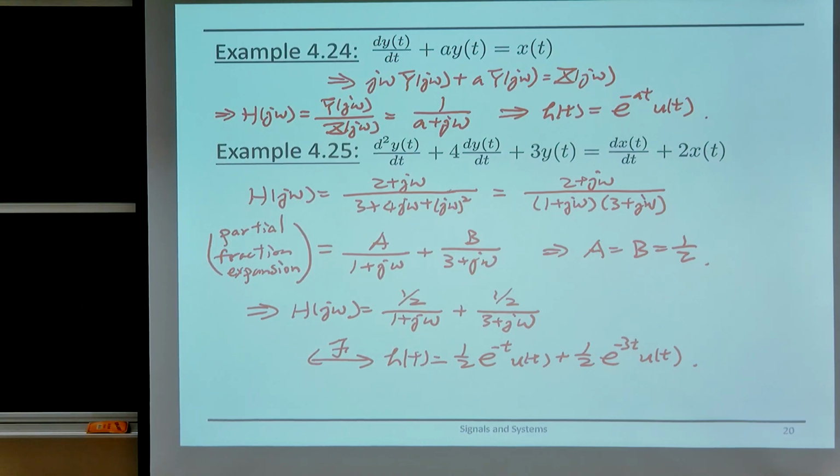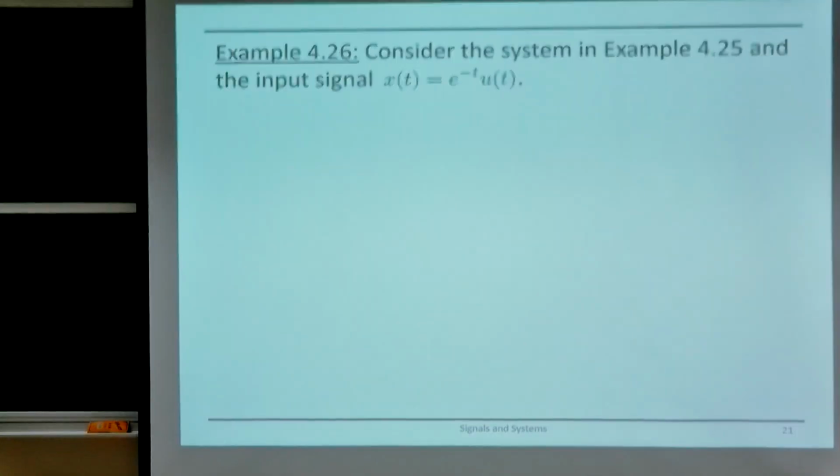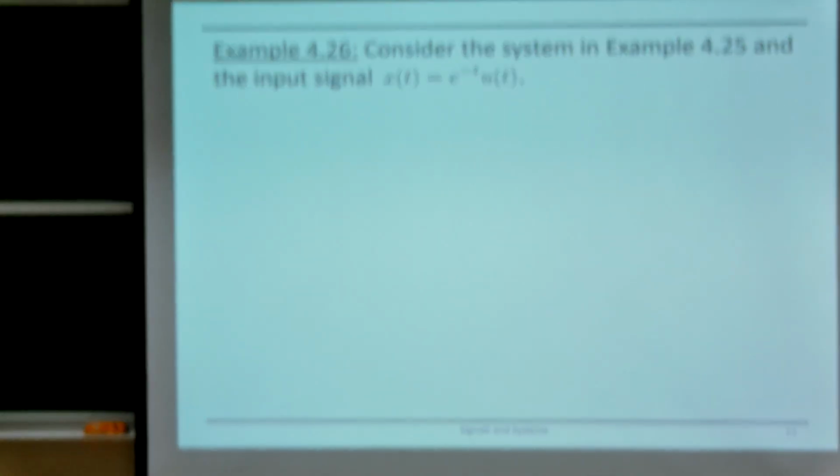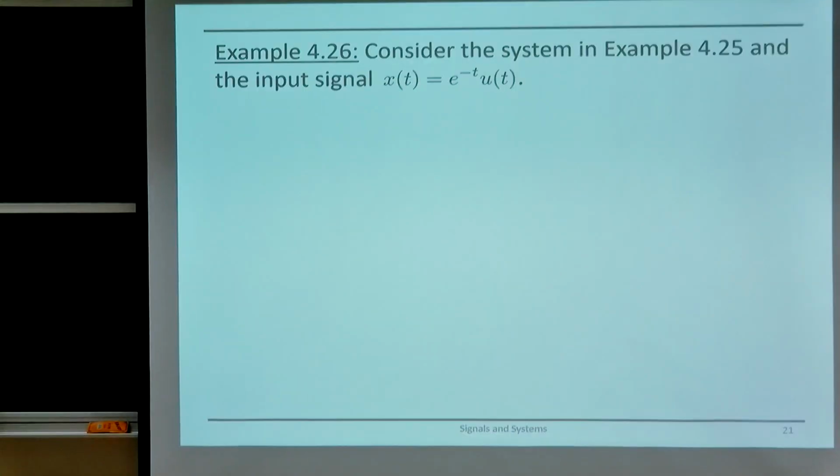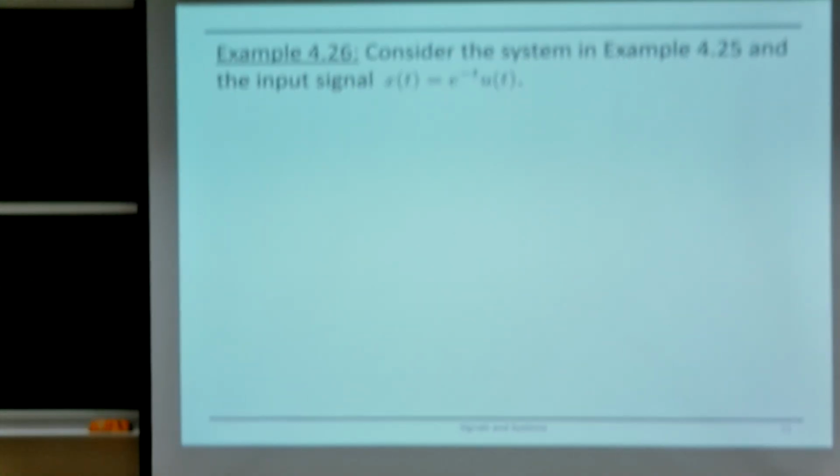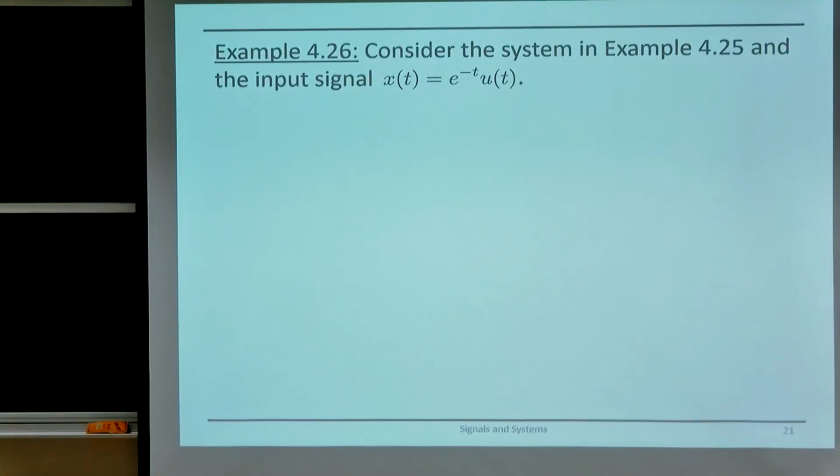Okay. Now, the next example is similar. The only reason I want to talk about this example is because it uses a slightly different variation of the partial fraction expansion. So I won't go through the entire thing, but just point out the difference here.